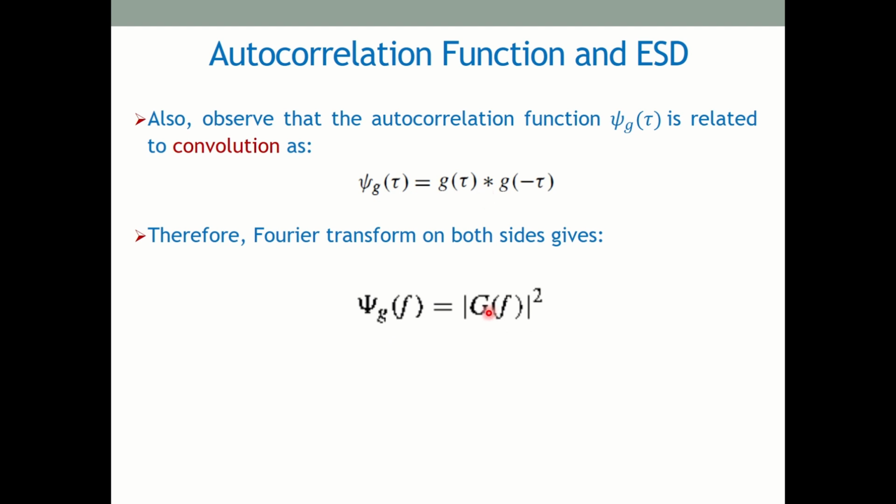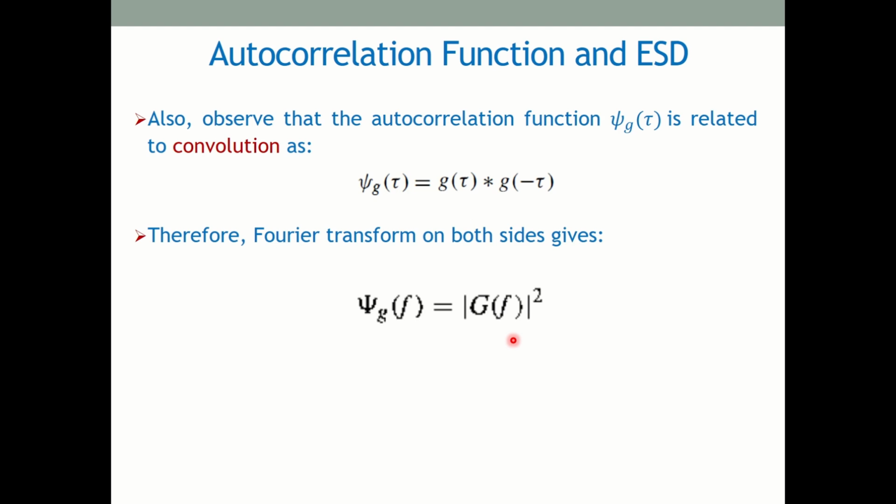So in the frequency domain, we have multiplication of their Fourier transforms. The Fourier transform of g(tau) is G(f). The Fourier transform of g(-tau) is G(-f). So if we multiply those two Fourier transforms, we get the magnitude square of G(f).